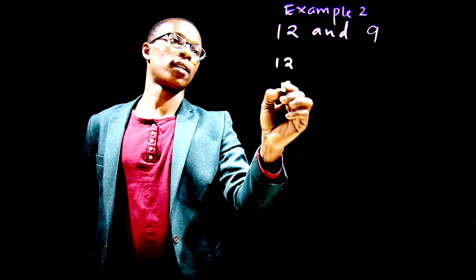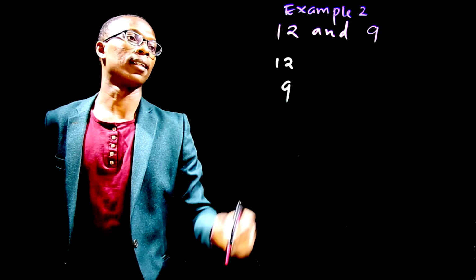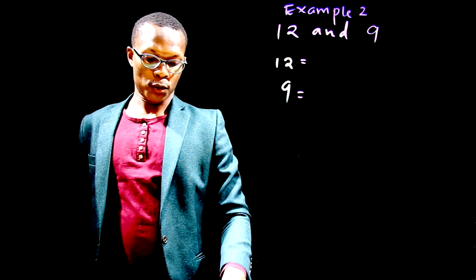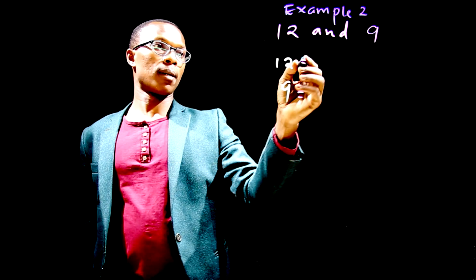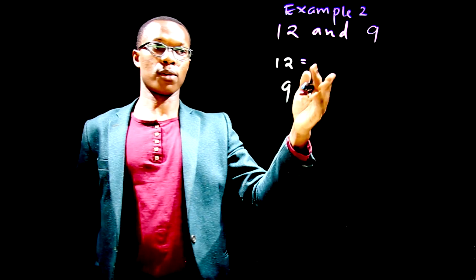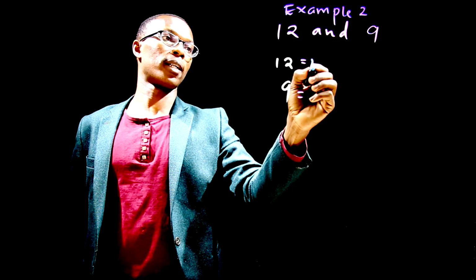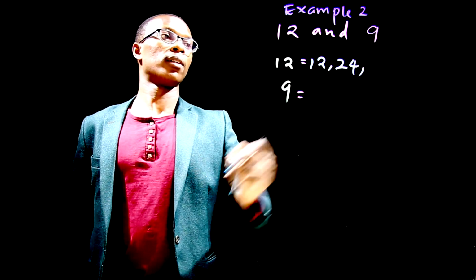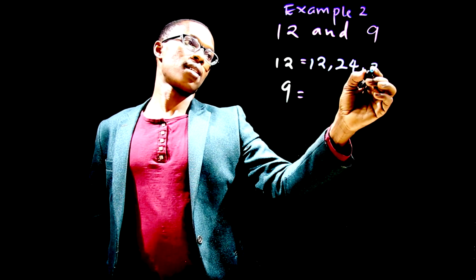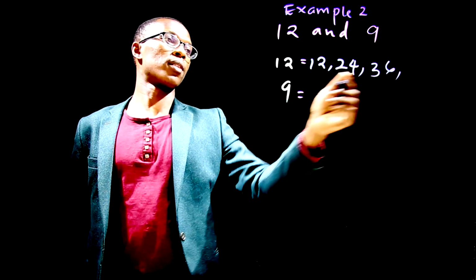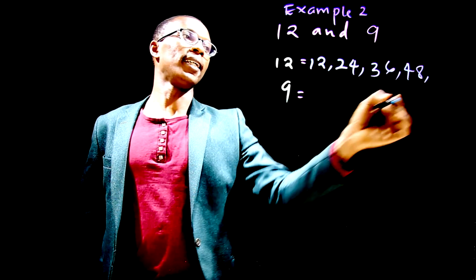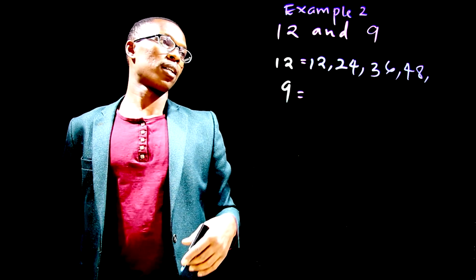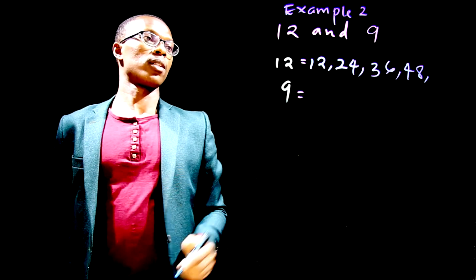We simply write the numbers and find the multiples. 12 times 1 is 12, 12 times 2 is 24, 12 times 3 is 36, 12 times 4 is 48, and like that.